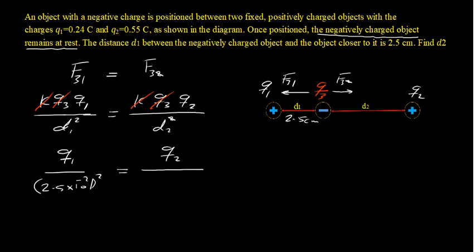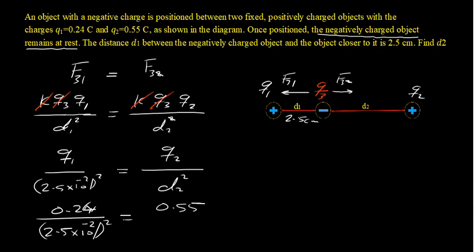With a simple replacement of values, it's 0.24 over (2.5 times 10 to the power minus 2) squared equal 0.55 over d2 squared.